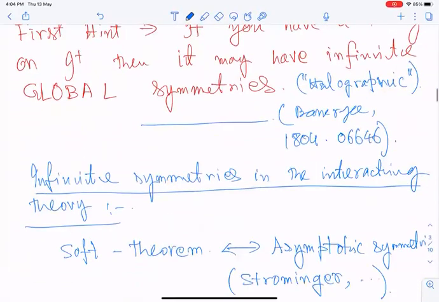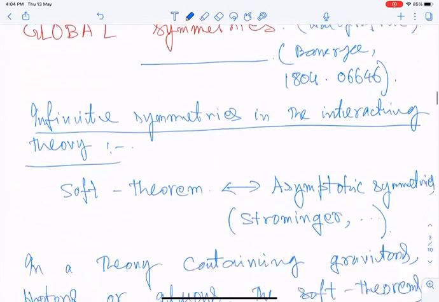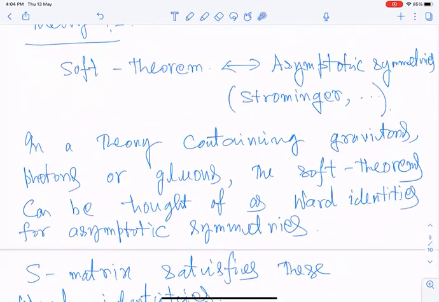Yes. So then we go to the interacting theory, which is essentially the thing that we want to deal with. And there we use the soft theorem and this correspondence between the soft theorem and the asymptotic symmetries. But the asymptotic symmetries that you showed us were for the free theory. So why should they still be symmetries?